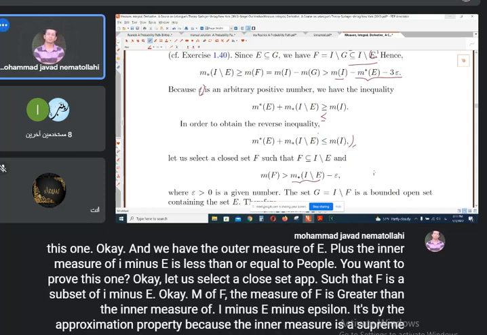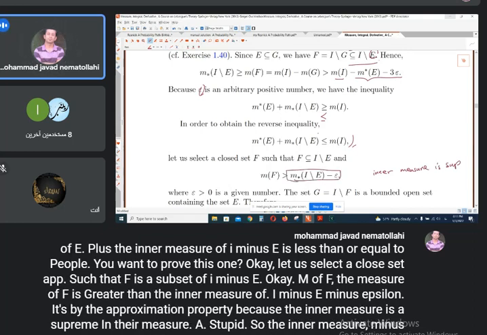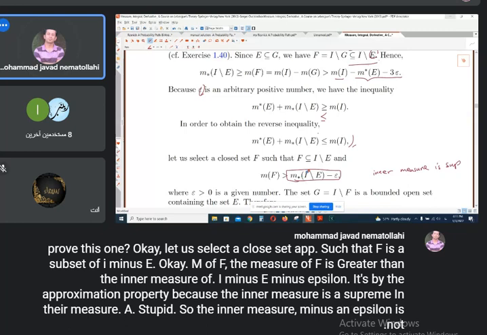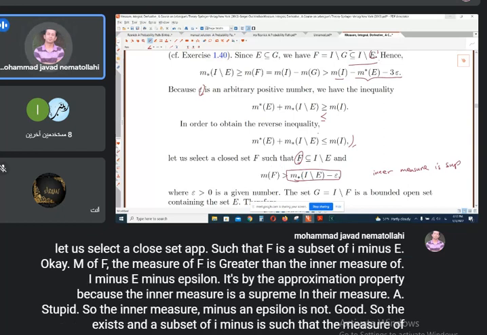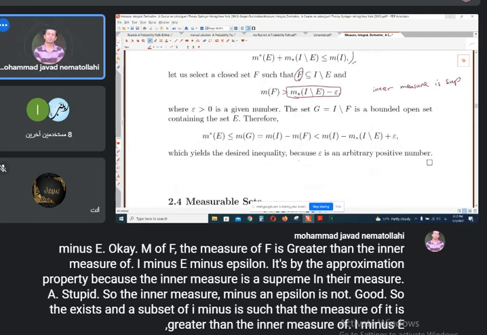The inner measure is a supremum, so the inner measure minus epsilon is not a supremum. So there exists F, a subset of I minus E, such that the measure of F is greater than the inner measure of I minus E minus epsilon.